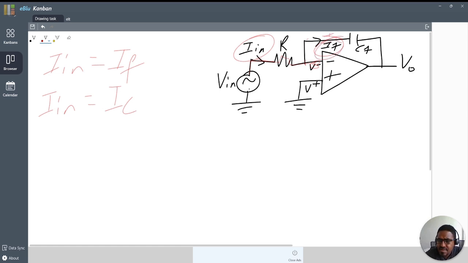You know IC during charging and discharging of a capacitor, if you remember from the fundamental course.